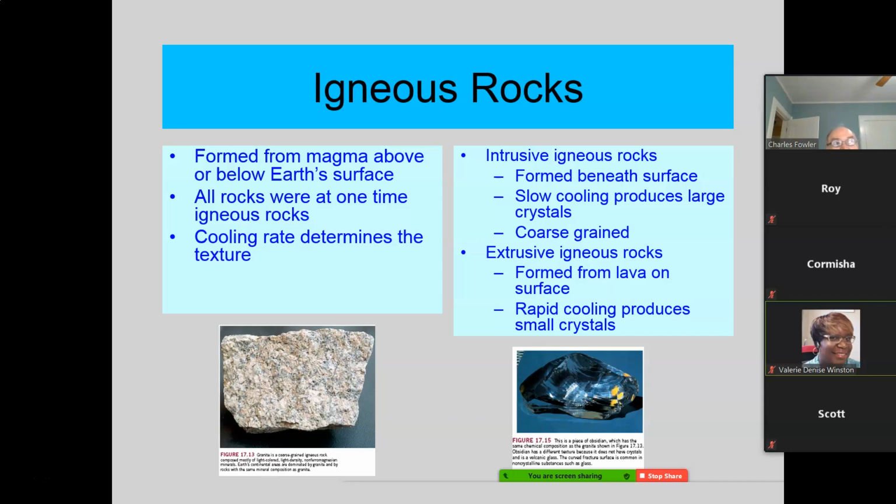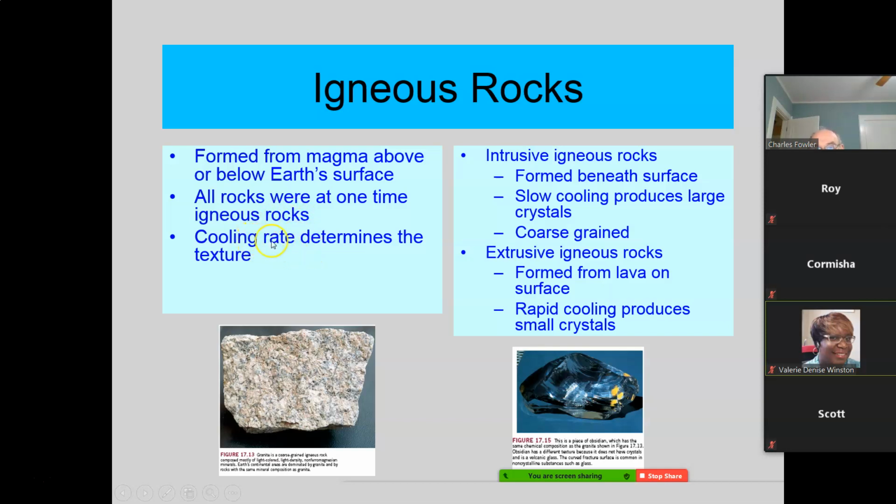Because the Earth was formed from molten material that came out of the explosions of the sun. We were at one time totally magma, or lava. We were all igneous rock. It may have been billions of years ago, but all rocks were at one time igneous rock.